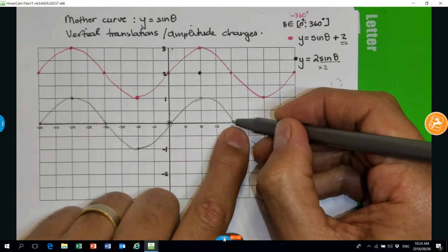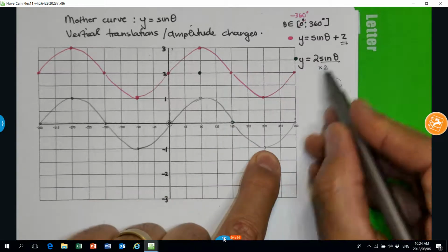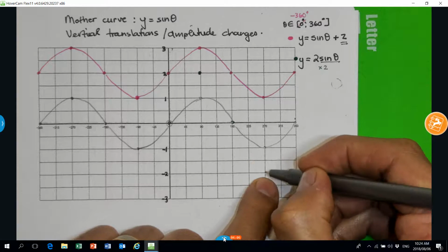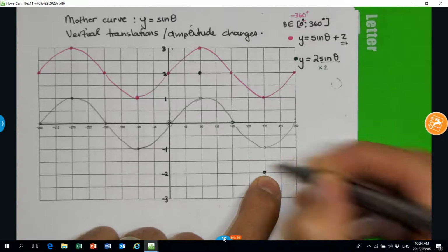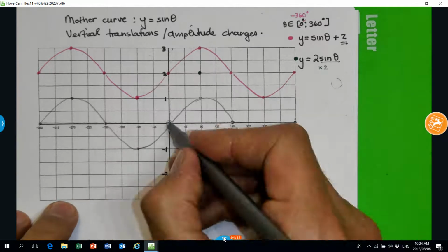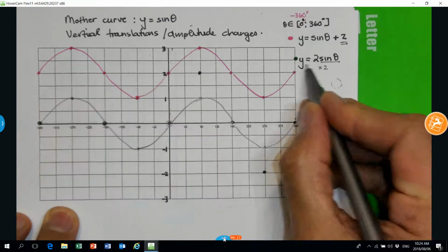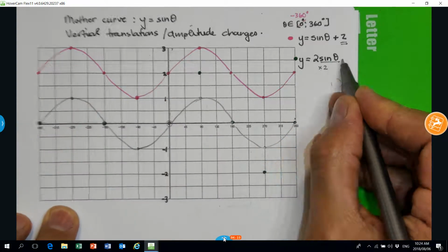Here the y value is naught, and naught times 2 is still naught. The y value is minus 1, multiplied by 2 comes down to minus 2. And then again we have a multiplication of 0 there.